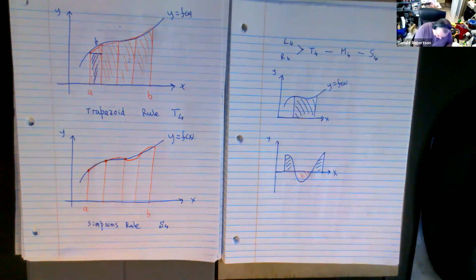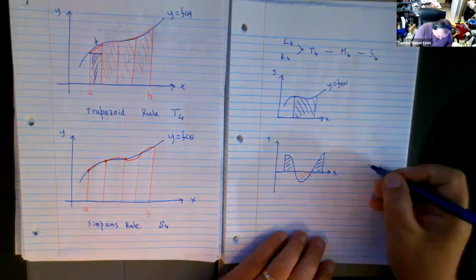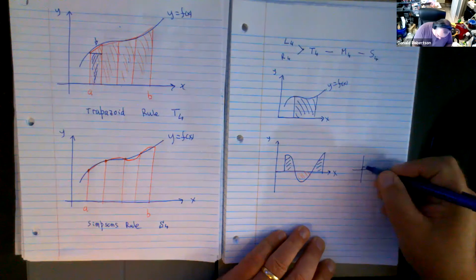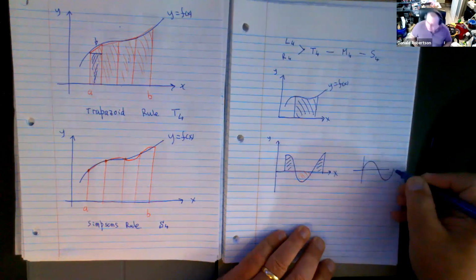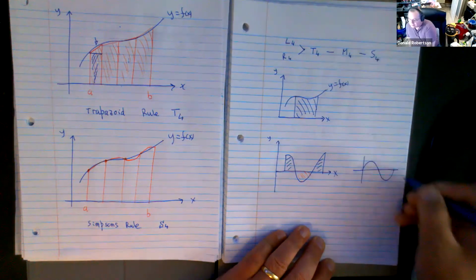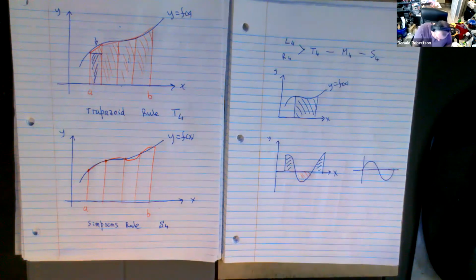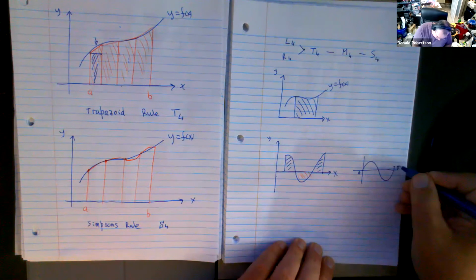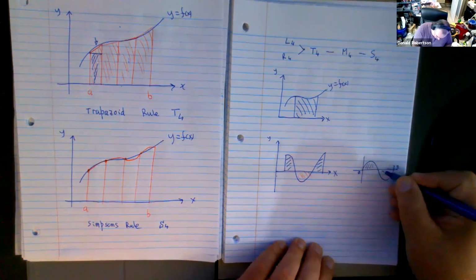To give you an example of what that might look like, you recognize the sine function? If I did the area between 0 and 2 pi, wouldn't this piece balance off that piece?